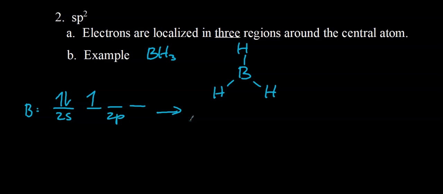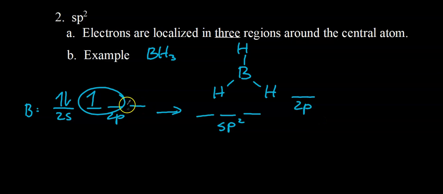So how many atomic orbitals will combine to give rise to 3 new half-filled orbitals? That will be 3. So how this happens is the s orbital combines this time with 2 of the 2p orbitals to make 3 new, what we call sp2 hybrid orbitals.